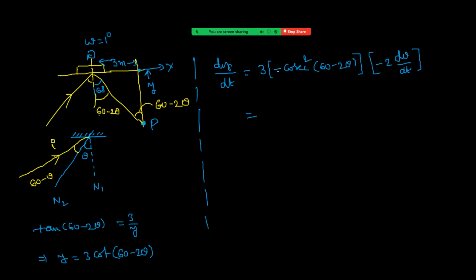So the minus gets cancelled. Remaining is 3 and 2, 6. We have to calculate the velocity when t equals 15 seconds.